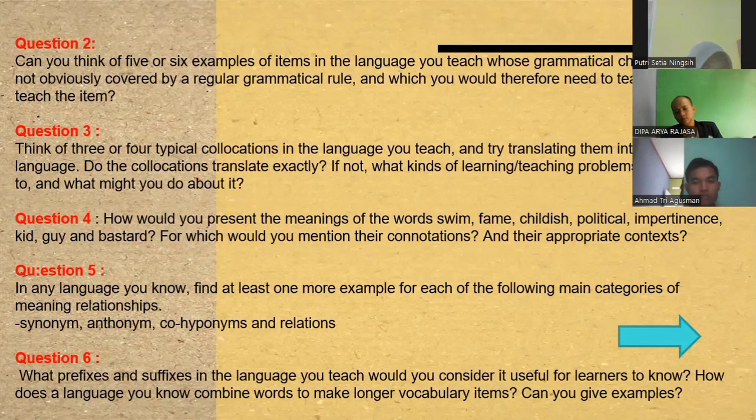The next is, what prefixes and suffixes in the language you teach would you consider useful for learners to know? How does a language you know combine more words to make longer vocabulary items? Can you give an example?